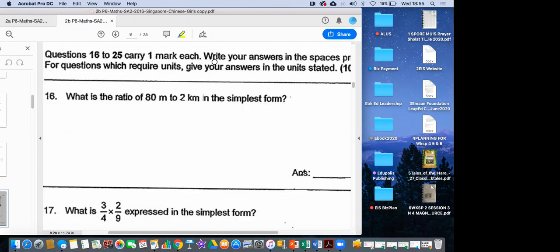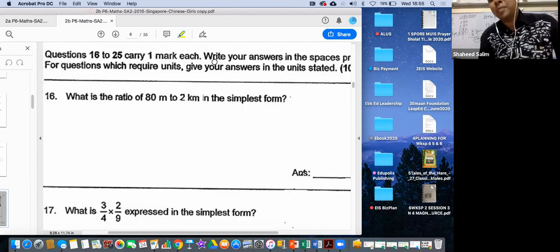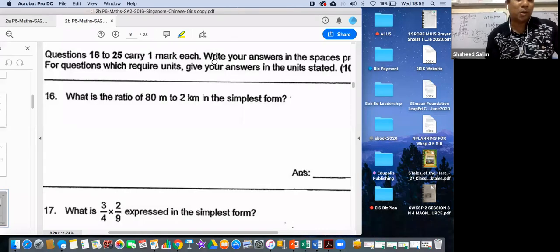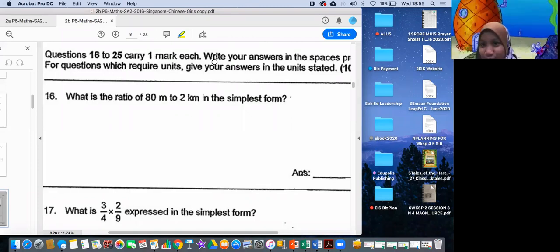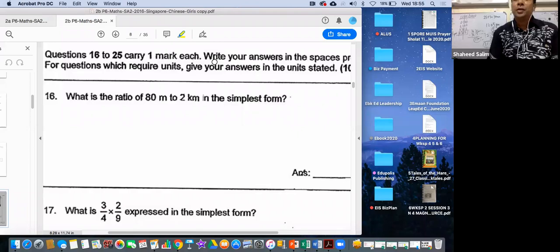No, don't divide by 1,000, times 1,000. From a bigger unit to a smaller unit, you must times by the number. So 2,000. Then 80 is to 2,000 and reduce it. This one, you cannot make mistakes.